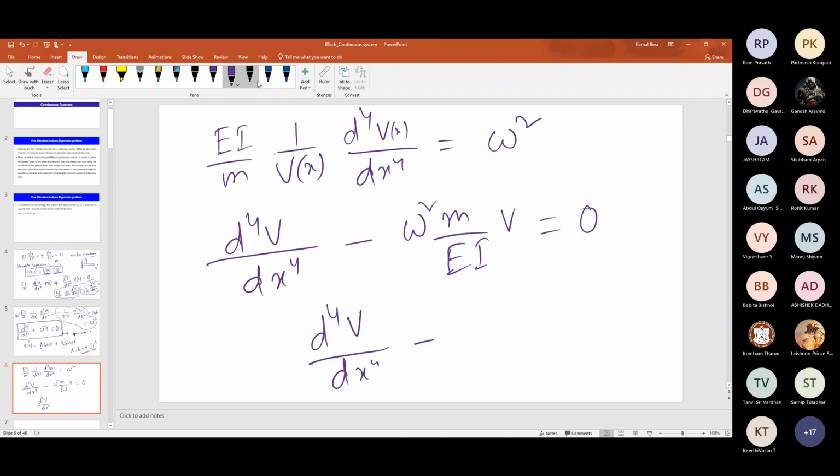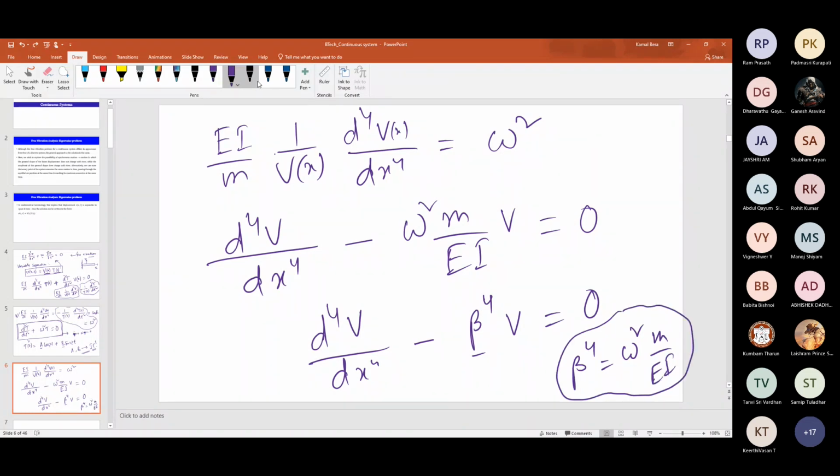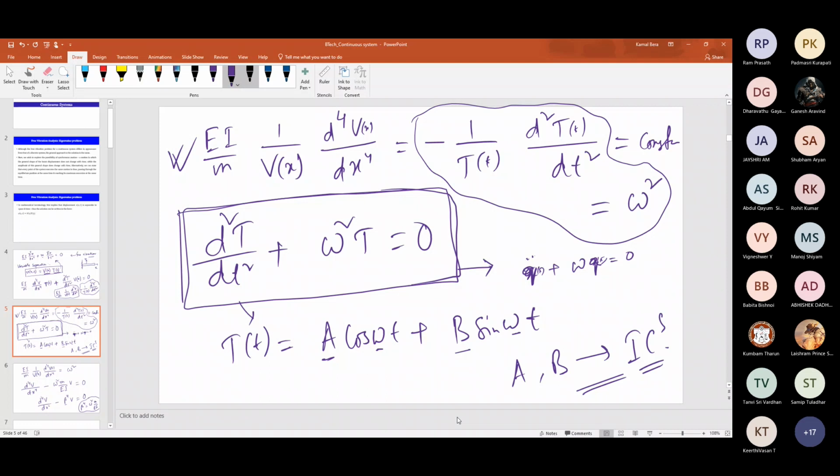Any issue here? I'll call this beta power 4, so beta power 4 times V equals 0. Beta power 4 because it's the fourth order. So beta 4 is equal to omega square m by EI, just defining it for convenience. So that time dependent part is separated out.